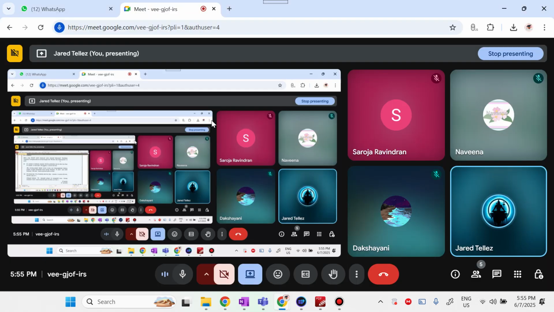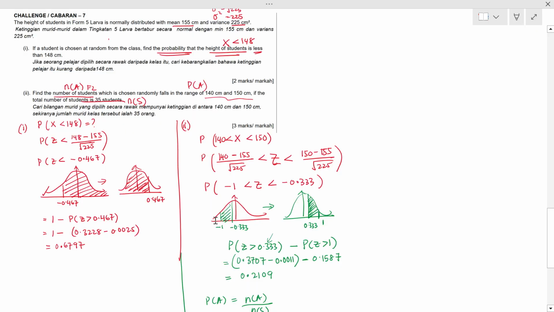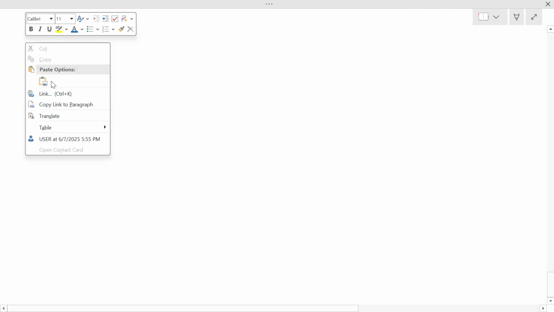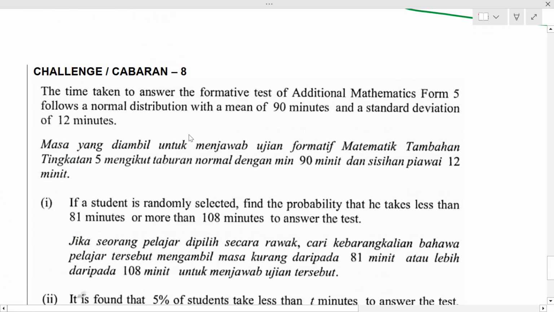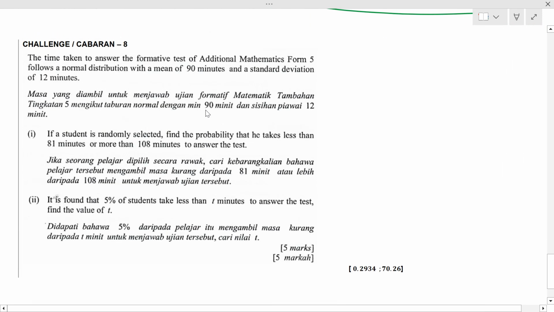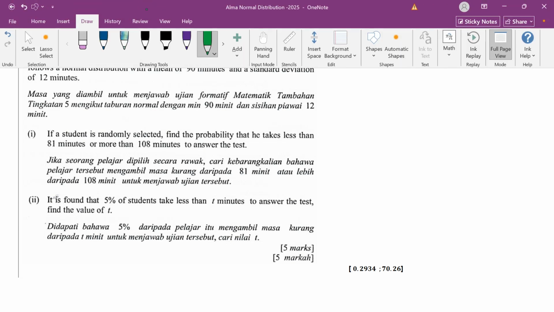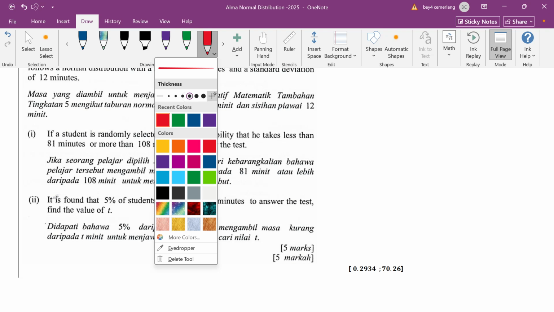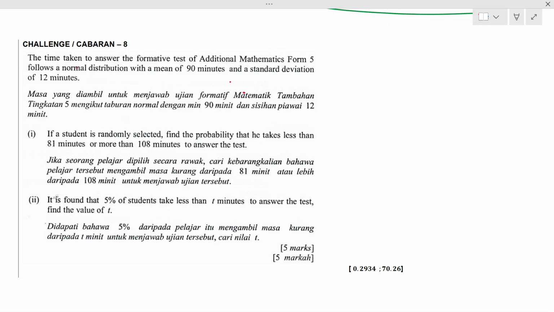Okay, come, we do quickly now. Okay, the time taken to answer a formative test of ADMATS. Hold on a minute.